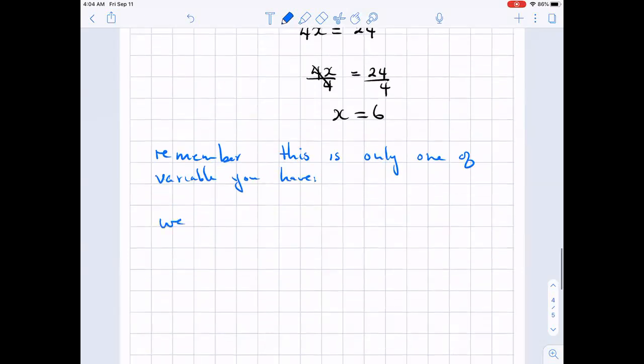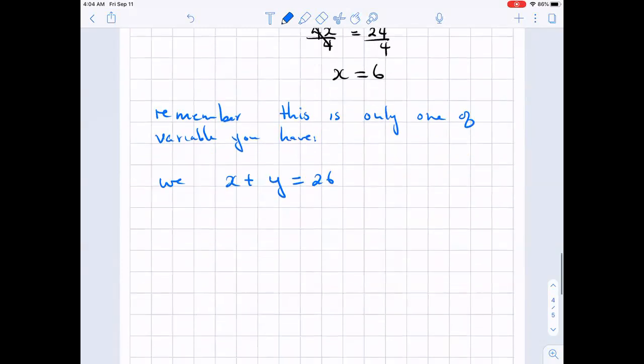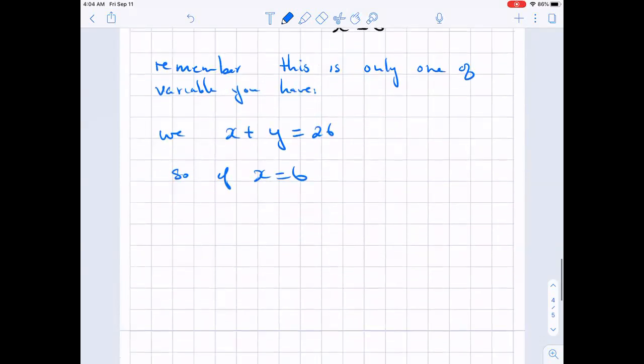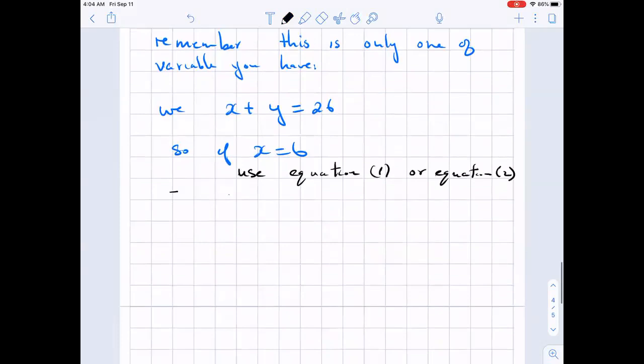We know x plus y is equal to 26. So if x is equal to 6, we use equation 1 or equation 2 to find y.